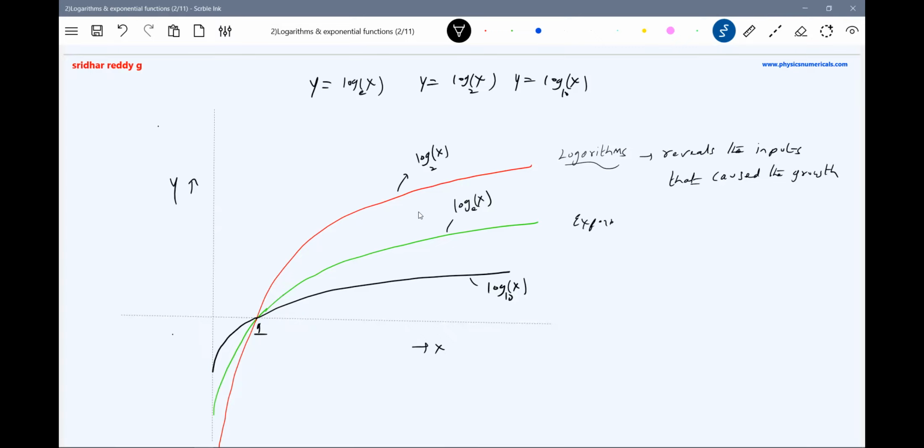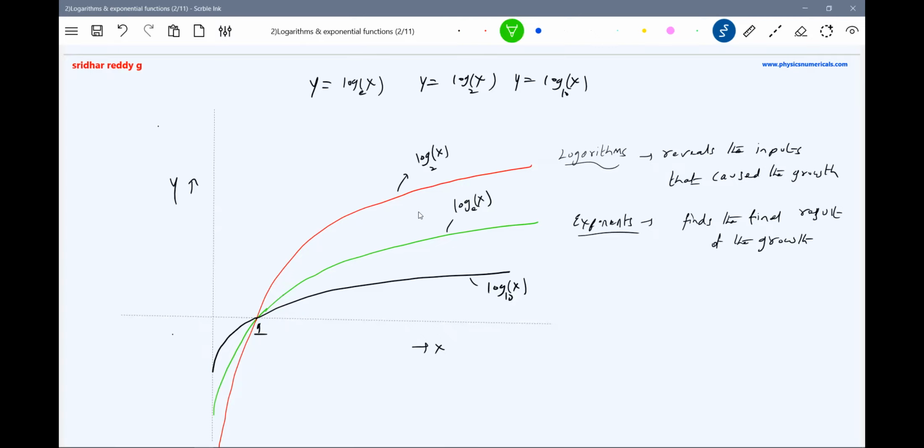What about exponential? Exponents find the final result of the growth. There's a relationship between those two.